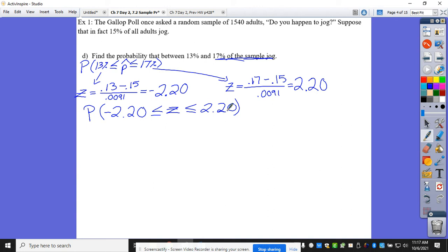What else do I put on paper? Reference line for 0. I've got one over here at negative 2.20. I've got one over here at 2.20. And where do I want to shade? Between, because the wording of the problem tells me I want between.